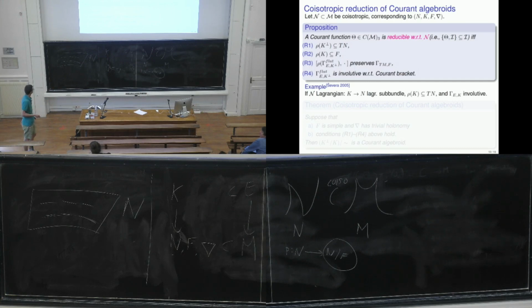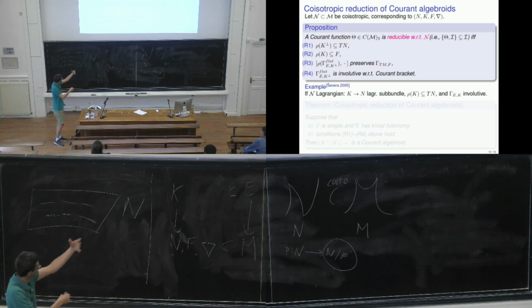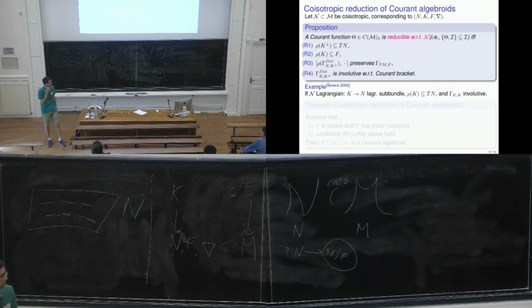Okay, again, in the special case when N is Lagrangian, we get Lagrangian subbundles with these extra properties, which behave well with respect to the Courant algebroid structure. These things are sometimes called Dirac structures supported on a submanifold N.